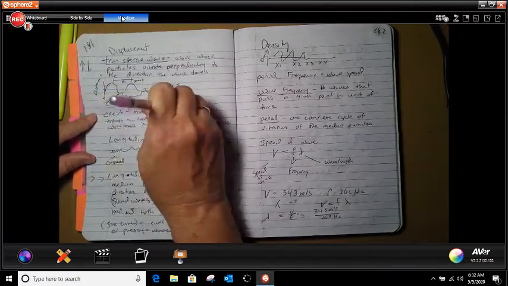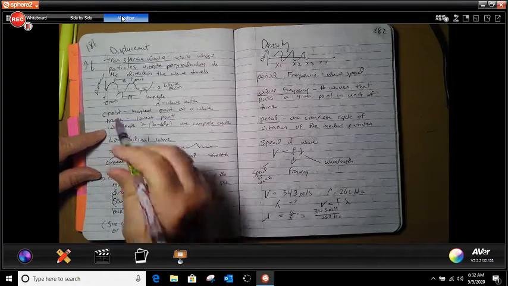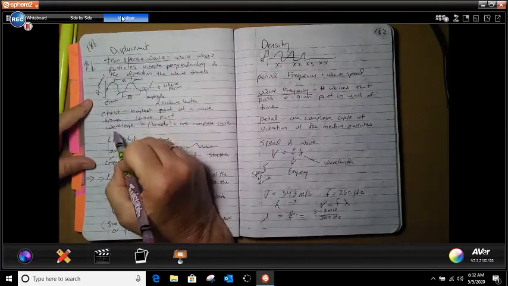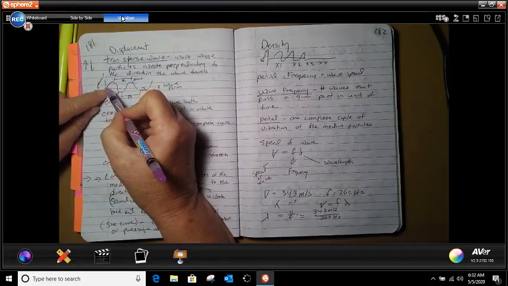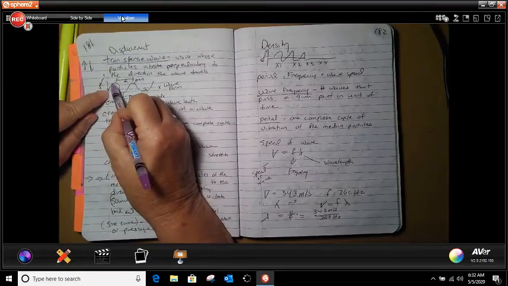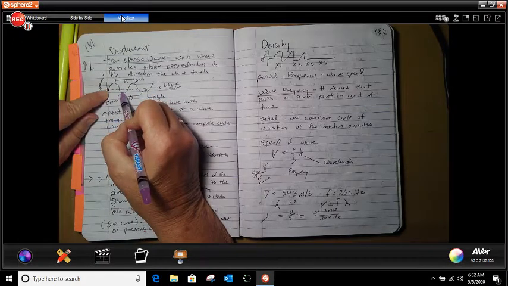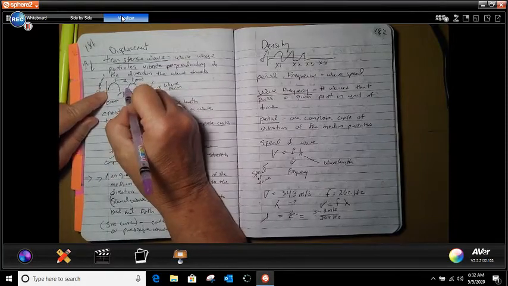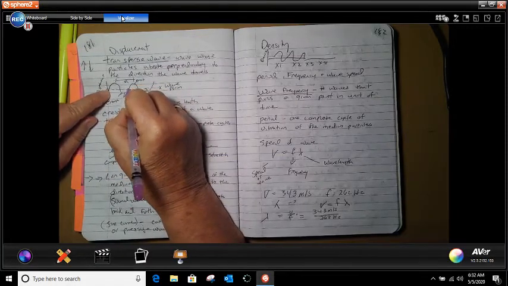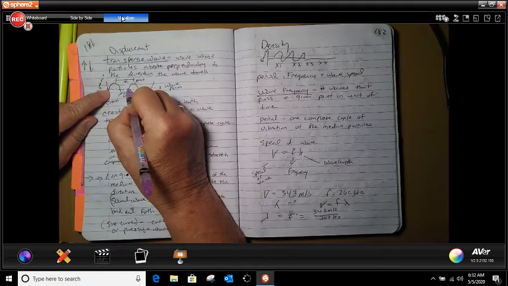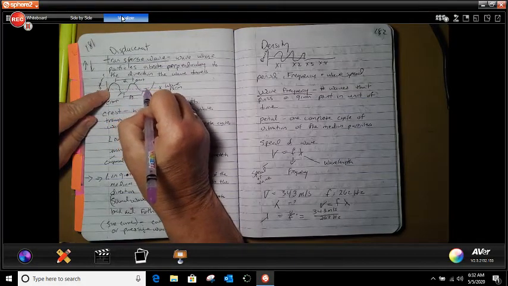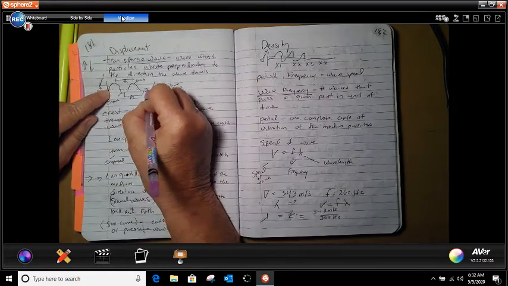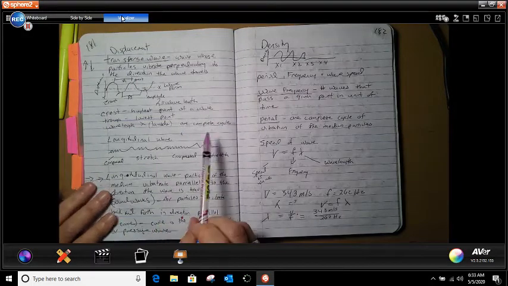The trough is the lowest point of the wave, and the wavelength, which is lambda, is one complete cycle. So you can start right here, that's the crest, that's the trough, and now it comes back up. At this point, that's one complete wave. Then if you go up, back down, and back up again, that would make it two. Okay? So that is the wavelength, lambda.